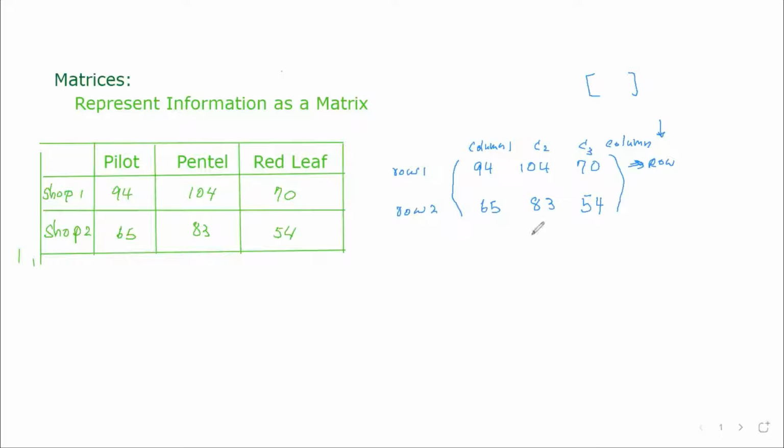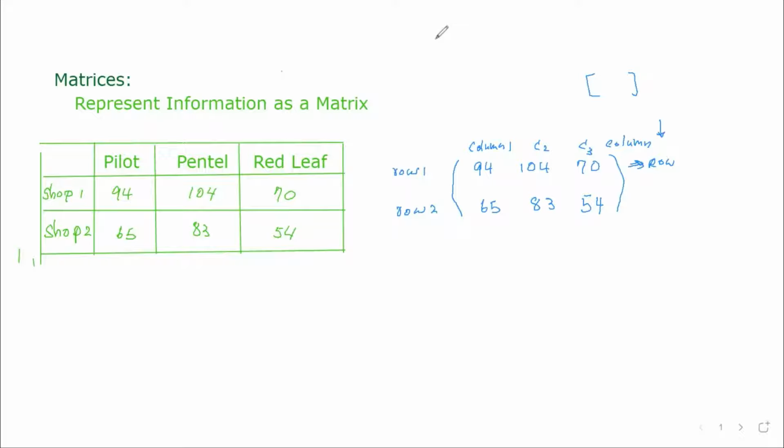This represents the data we have from the table. In this case we can see how many rows we have: first row, second row.